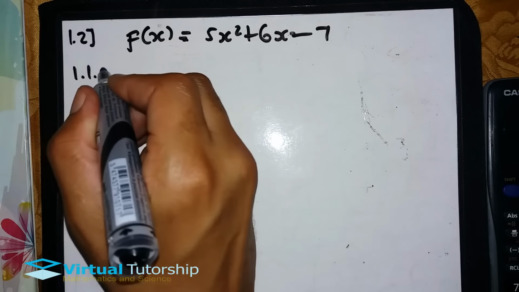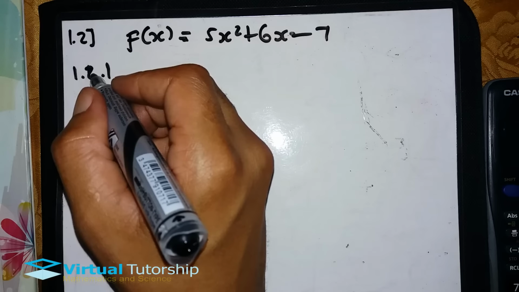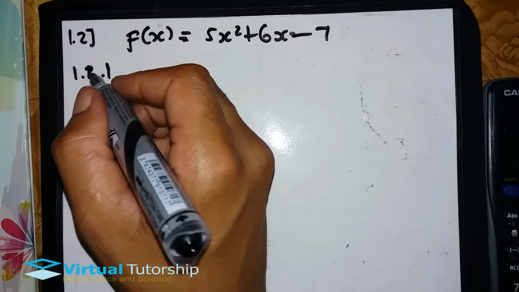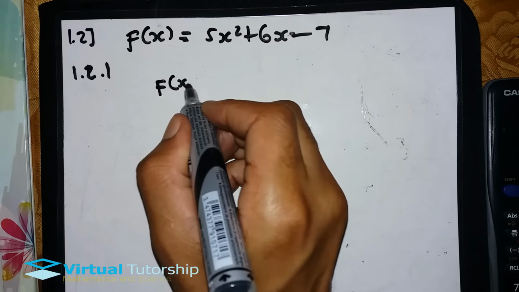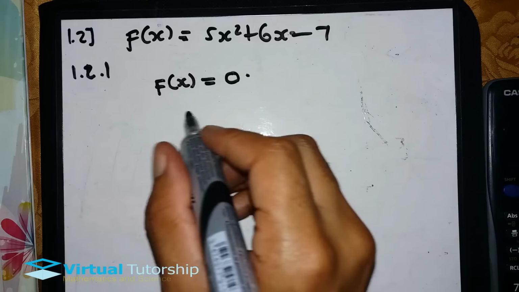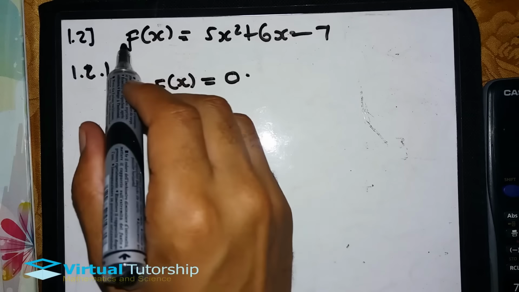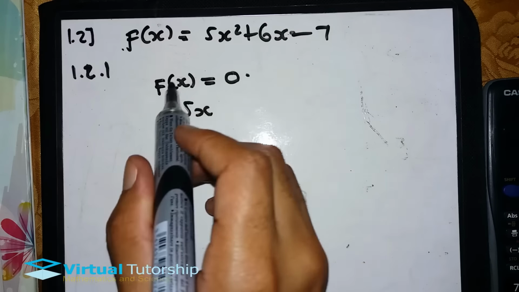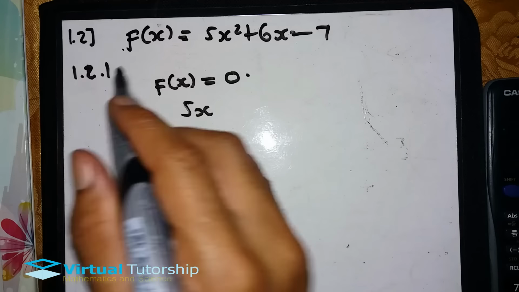It's 1.2.1. So for x, if f of x is equal to 0, correct to 2 decimal places. So now they say our f of x is equal to 0.